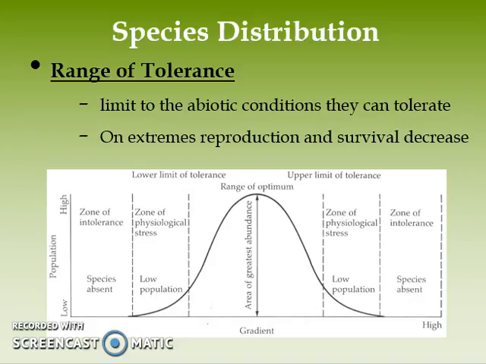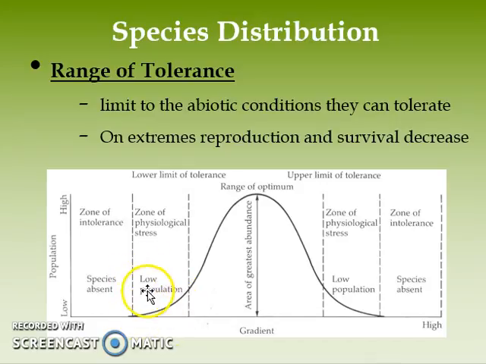They have a band within that abiotic condition that they prefer, and that's where you get this center. When you get down here, you get a very small population occurring in areas that are not that good.